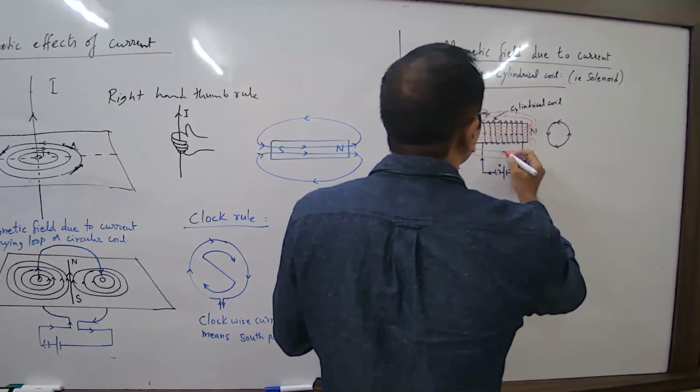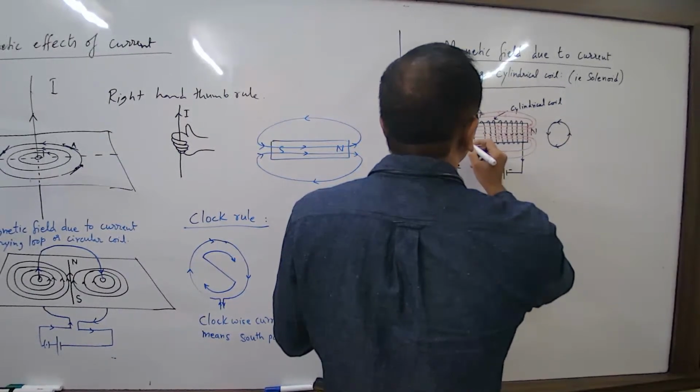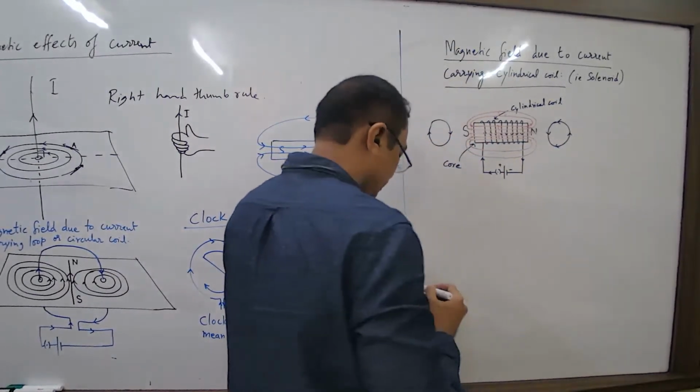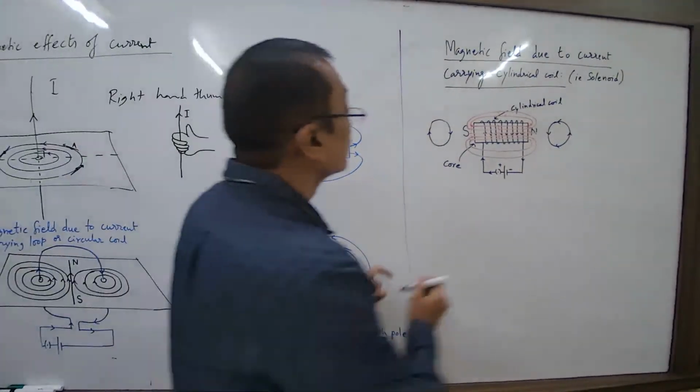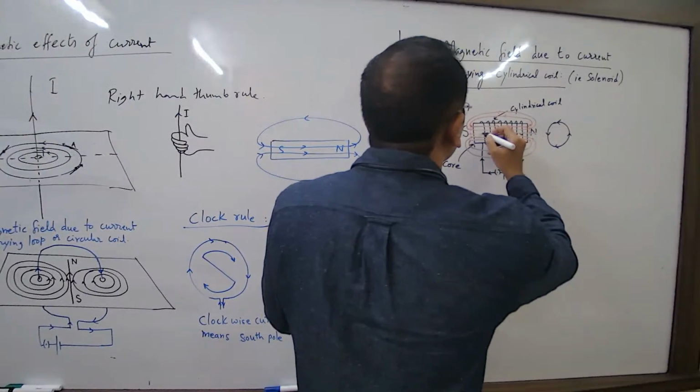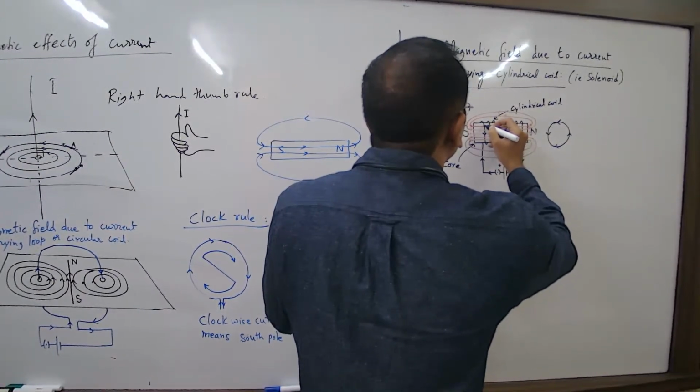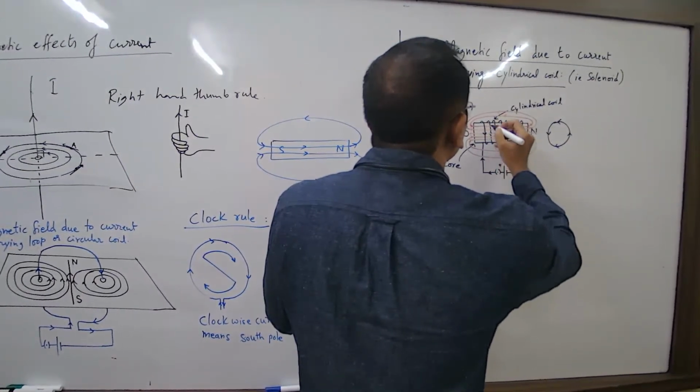Everywhere we have got the field pattern by applying the right hand thumb rule. Anybody has any questions? Please feel free to ask.